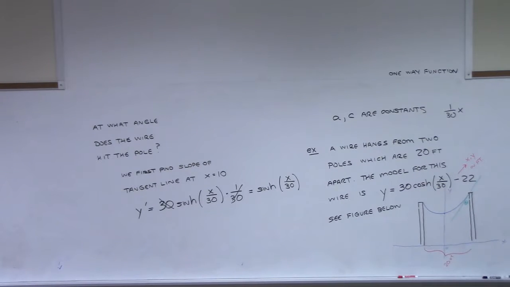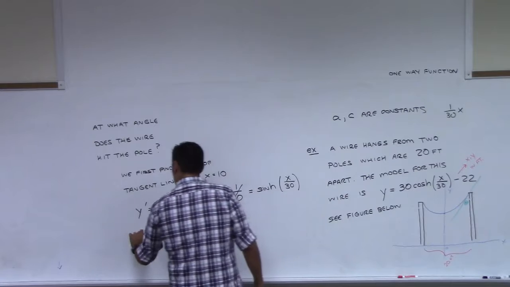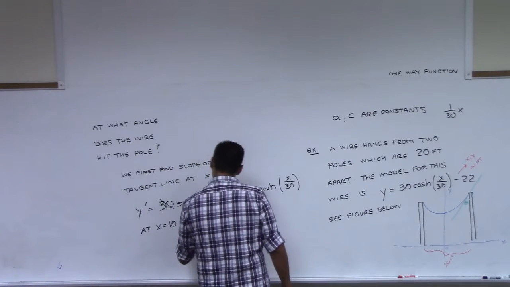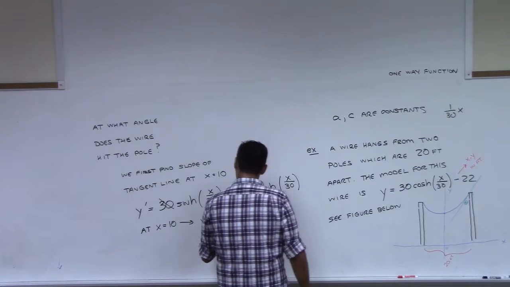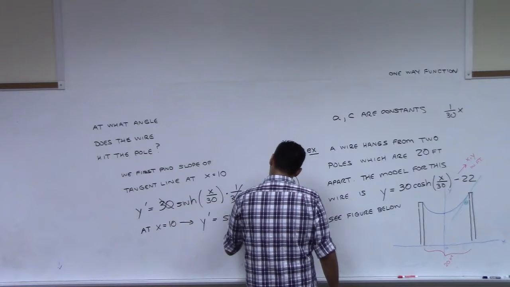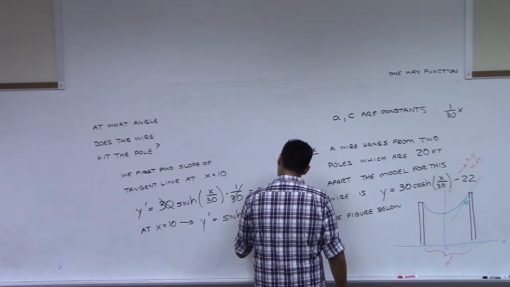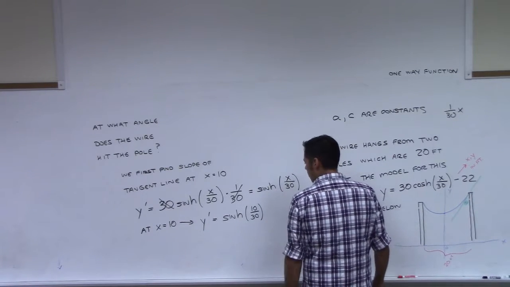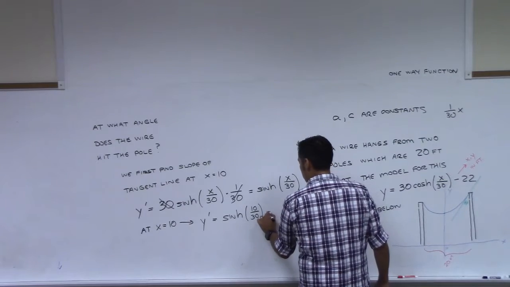Now we plug in 10, right? So at x equals 10, we get that y prime would be hyperbolic sine of 10 over 30. And how do we do that? You put it into the equation.